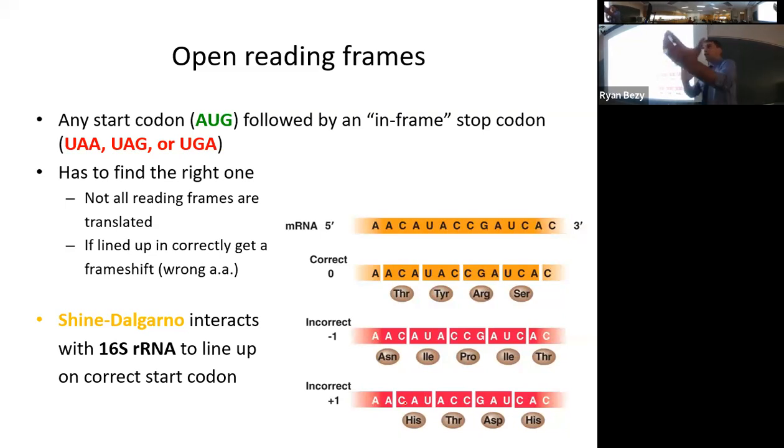So if you slide over incorrectly, either 1 base pair to the left or 1 base pair to the right, you get different proteins made. So the ribosome has to be lined up very precisely with that combination of the Shine-Dalgarno sequence and the start codon, or you get the wrong proteins made. Questions about that?